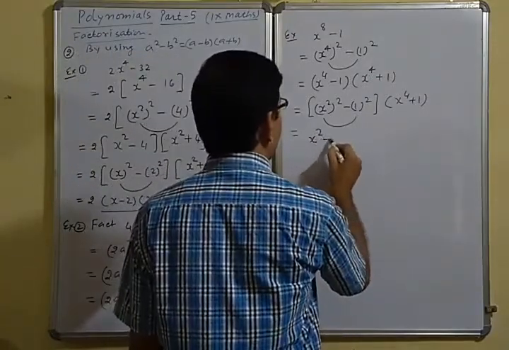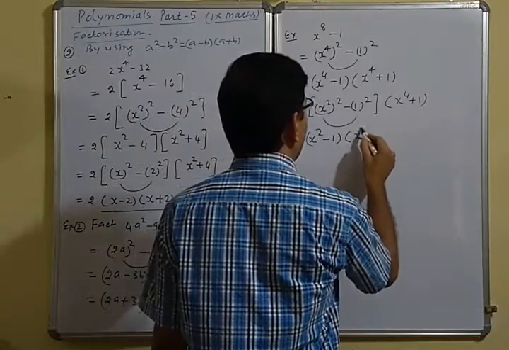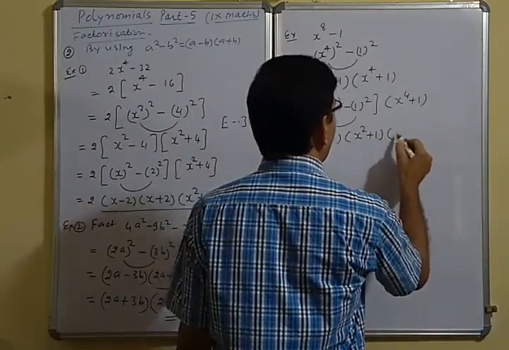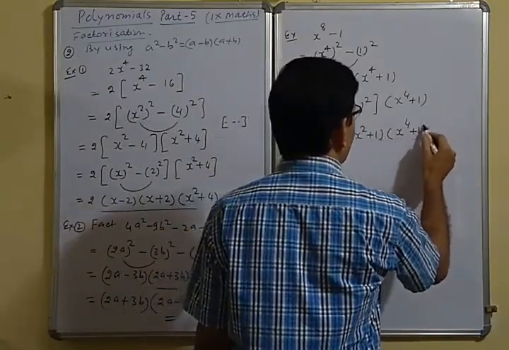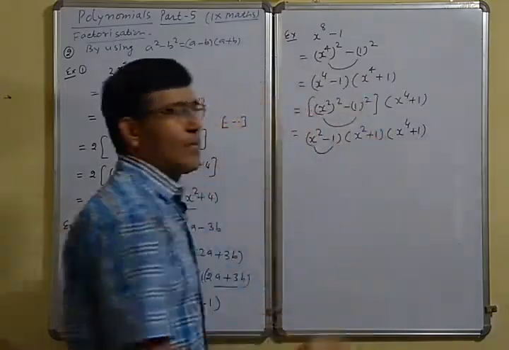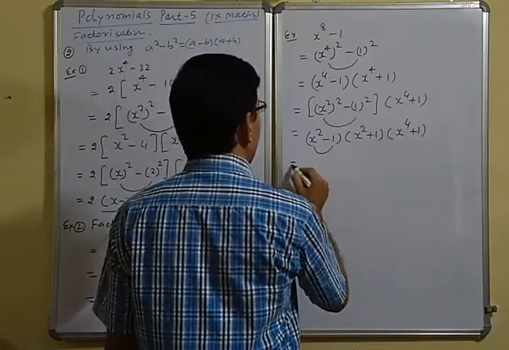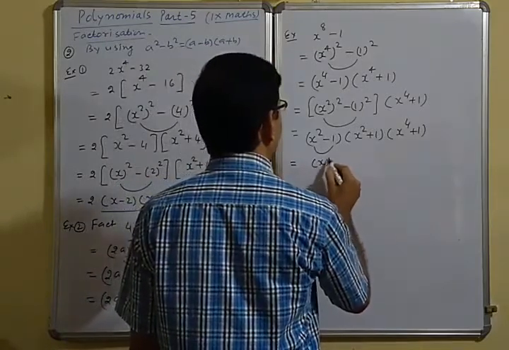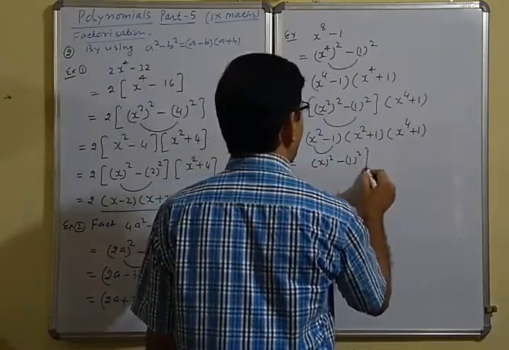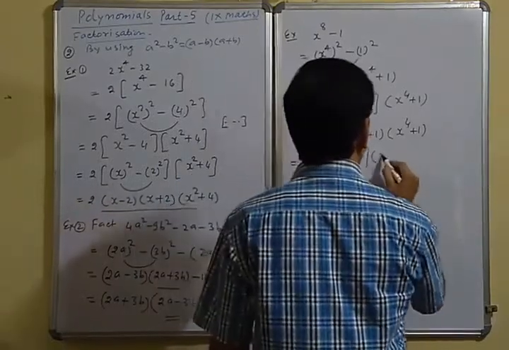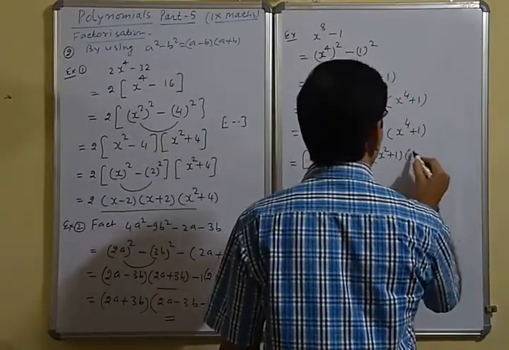So it becomes x square minus 1. In other bracket it is x square plus 1, and here it is x4 plus 1. Again you see that here it can be factorized. 1 is 1 square. So this is x whole square minus 1 whole square, and x square plus 1 cannot be factorized.